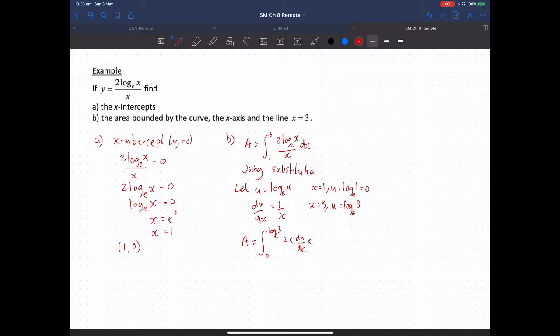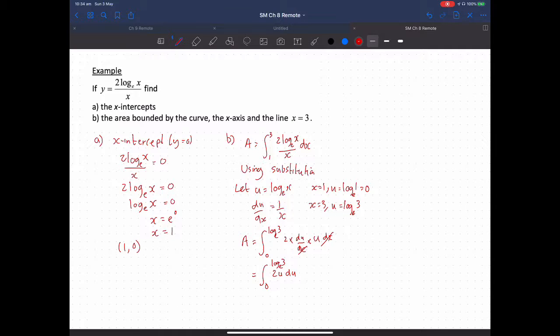Log e of x was u. Then we have our dx. Tidying that up, the dx's in effect cancel, and we have 2u du. The integral is between 0 and log e of 3.